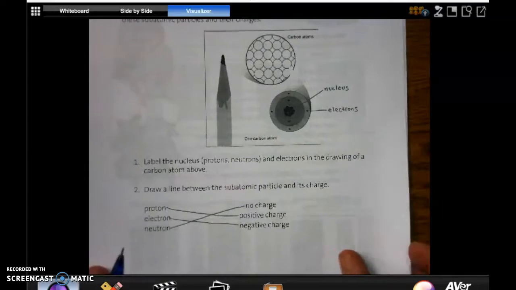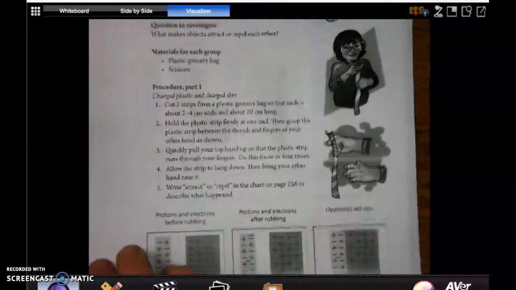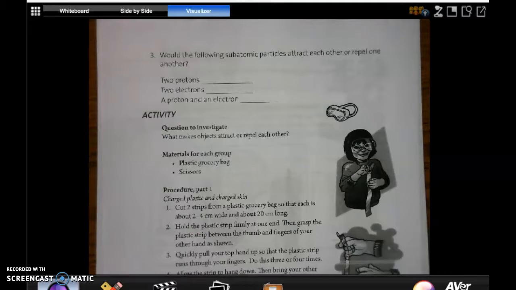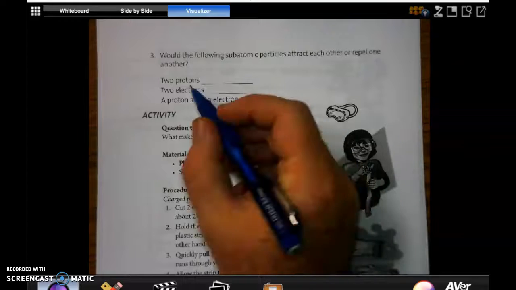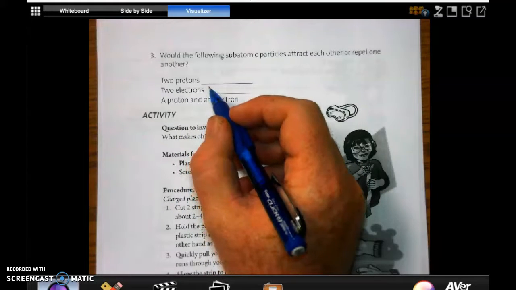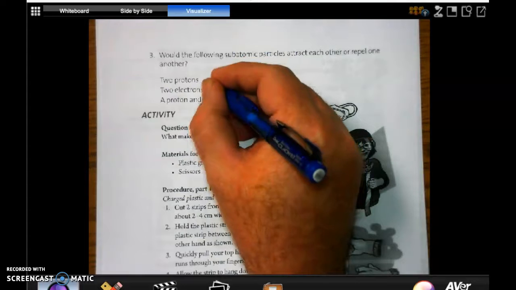So now moving on to number 3. Would the following subatomic particles attract each other or repel one another? So two protons have the same charge. Like charges repel. So two protons would repel each other.